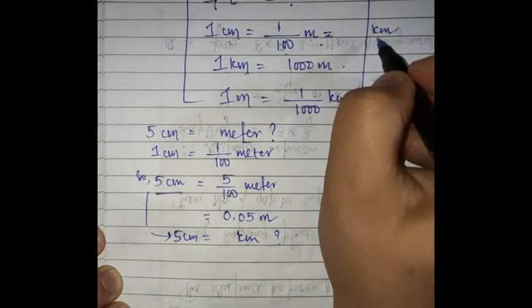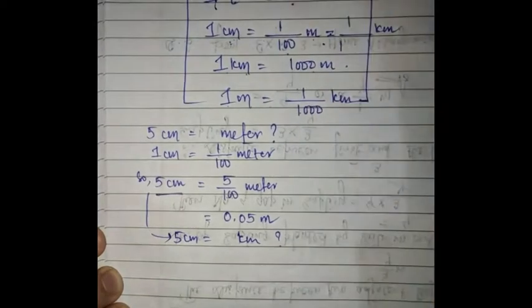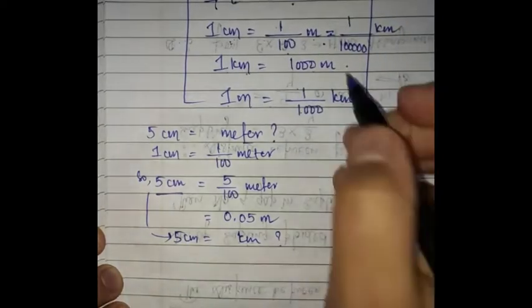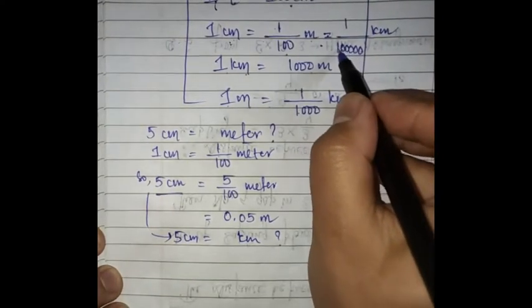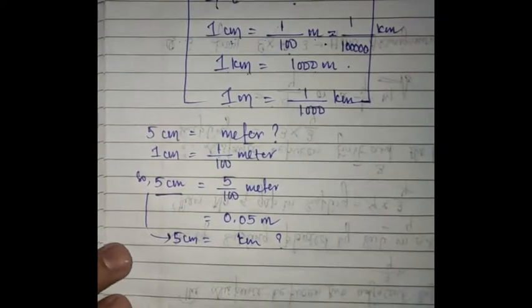So let me write, it is 1 by 1,00,000 kilometer, that is 1 lakh kilometer. So you must be confused. How have you written this?